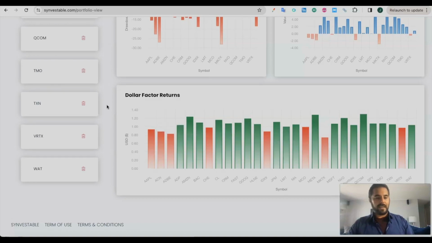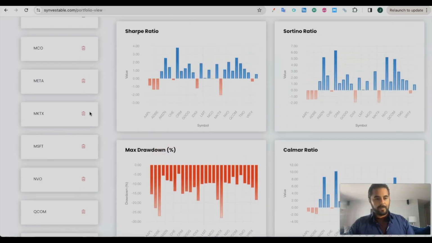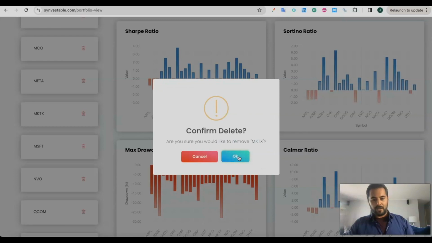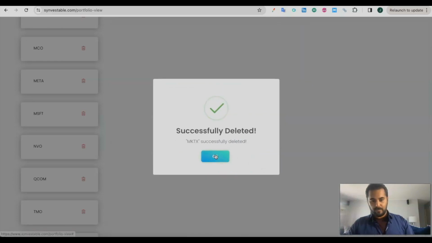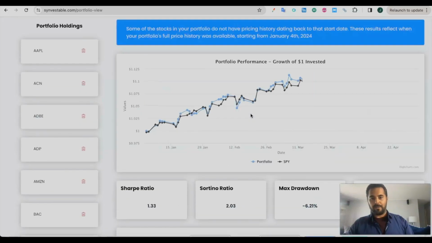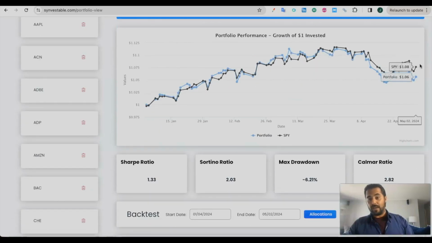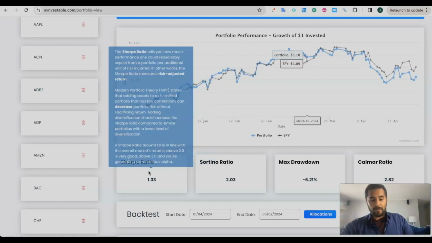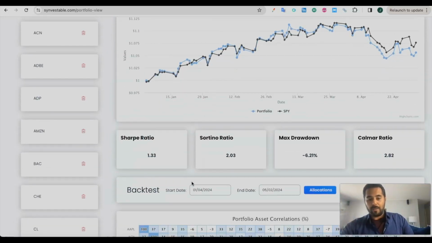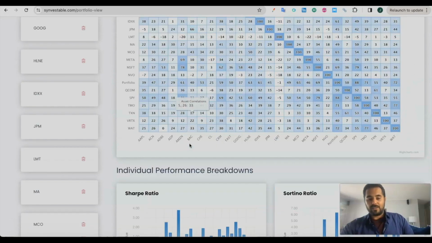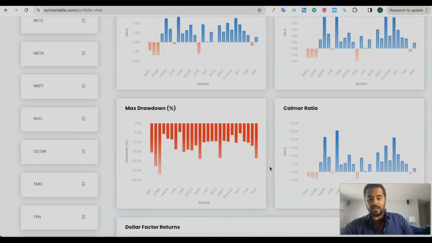So MKTX. Maybe this is another one I want to kick out. The backtest will rerun. Now we're getting better. Look at that. I increased the performance of this portfolio relative to the beginning of the year by about 2%. And now my Sharpe ratio has gone up as well. All my metrics are starting to get better as I eliminate these highly volatile companies.